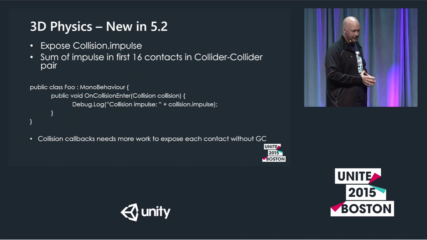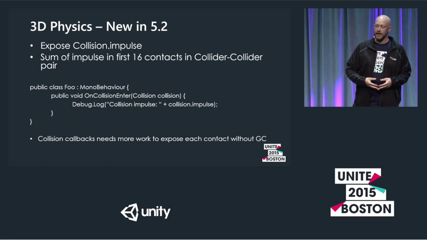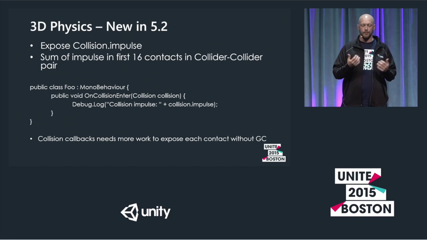Okay, new stuff. Something people asked for a while was knowledge about the impulse in collisions. We have had that value for a while, but we didn't write anything to it. Now we've gone and fixed that.